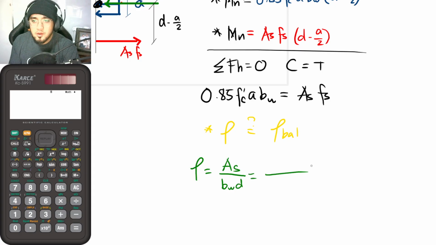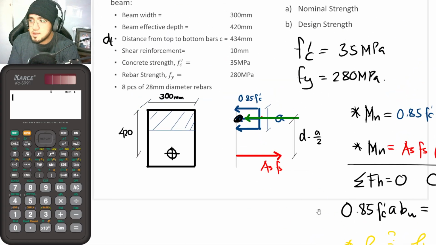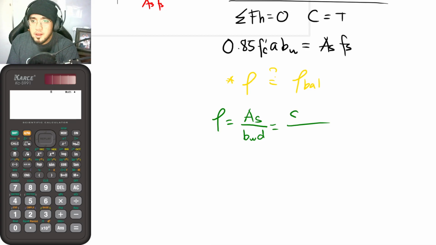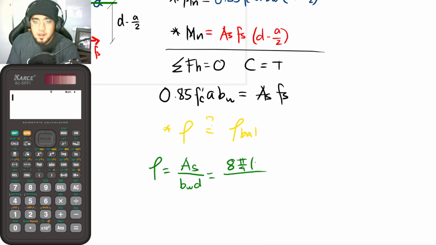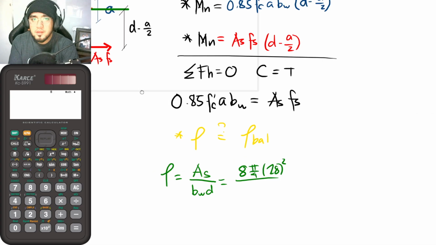With that, this is now equal to, how many pieces are there? I think there are 8. There is 8. So 8 times pi over 4 times, what is the bar diameter? The bar diameter is 28. So times 28 squared. And bw d, for bw, that is 300.